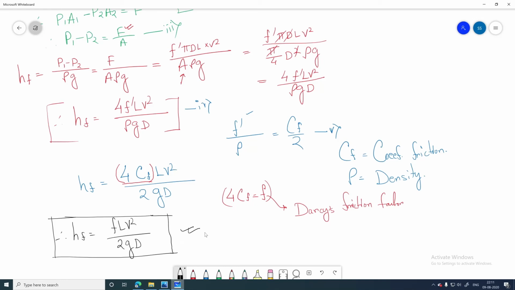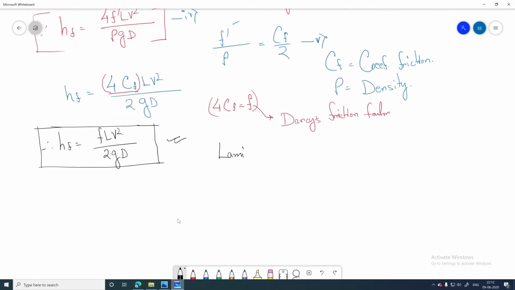Okay, but in case of laminar flow, the value of f will be 64 by Re. Okay, where Re is the Reynolds number, you already know, that is equal to rho V d by mu.